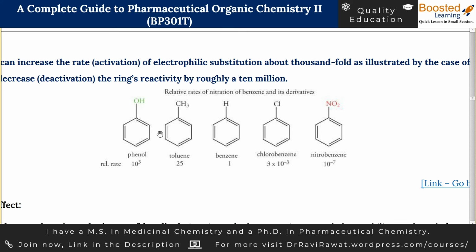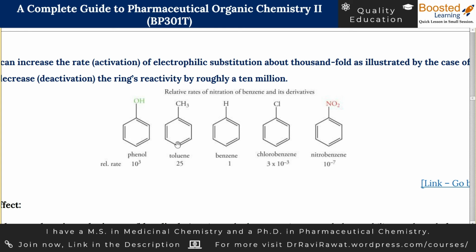So nitration has become easier. What was the reason? The reason was this CH3 group. Even this small group on benzene can make toluene undergo nitration 25 times faster. Isn't it amazing? This is because the CH3 group is increasing the electron density of benzene by giving some of its electron density to benzene.